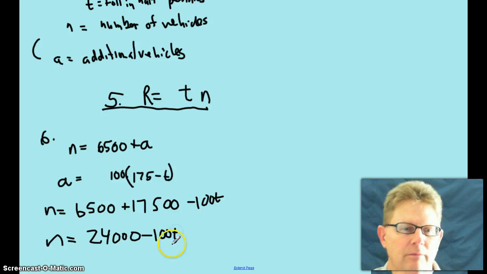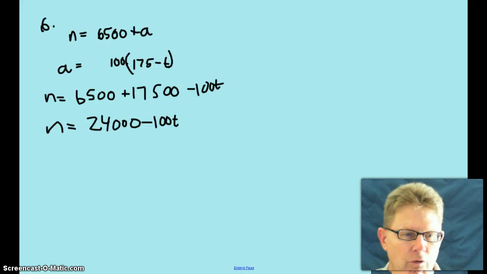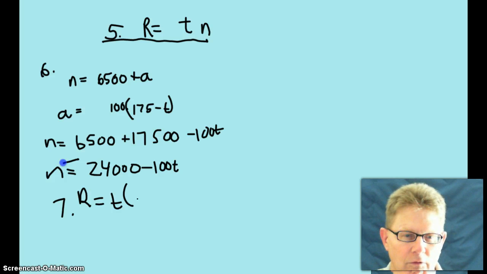Hey, guess what? I can now make a new equation, number 7, using just one variable. R equals T times 24,000 minus 100T.